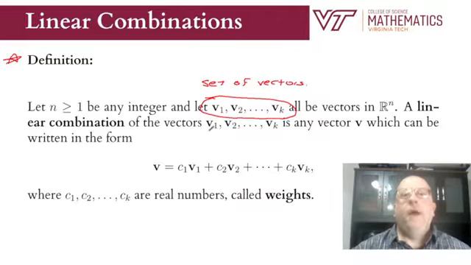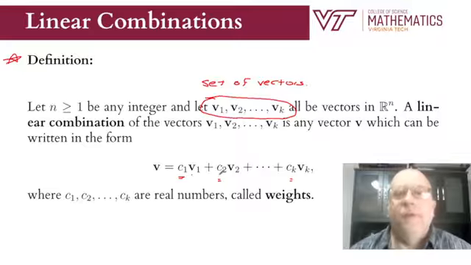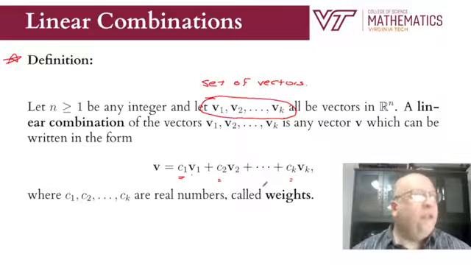A linear combination of the vectors is a vector we could get by taking all of the vectors, scaling the vectors by some number, and then adding these vectors together. So it's a combination of adding the vectors together, but the vectors themselves can be multiplied by constants. The constants in the linear combination are called weights.